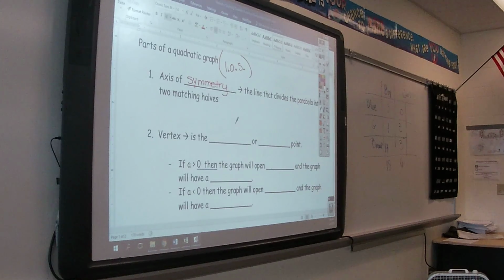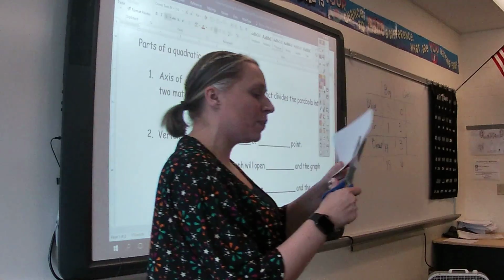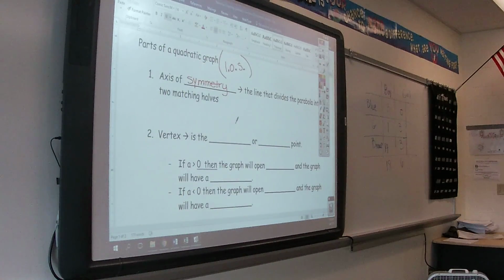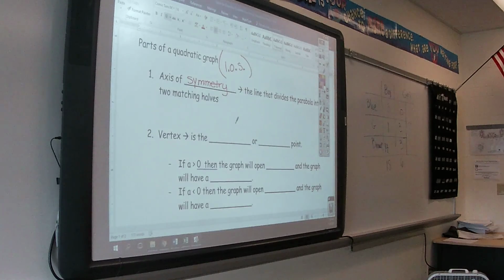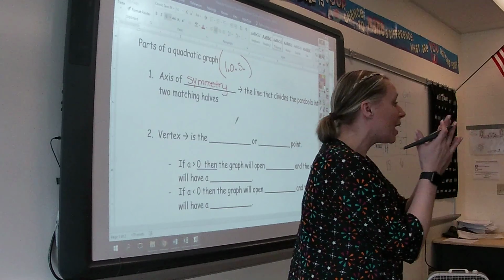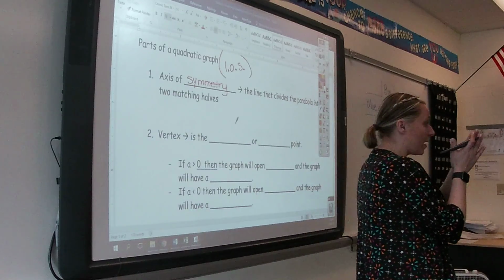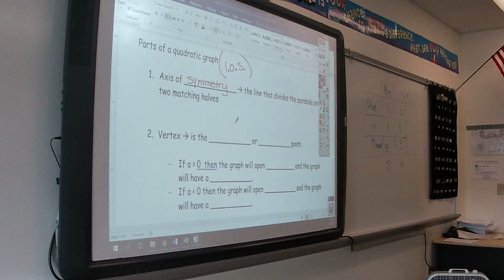One of the most common ones that my students use: we take a piece of paper, we fold it in half, we cut, and then we get a heart. We only had to cut one time with it being folded in half because that fold crease is the axis of symmetry. One side is an exact duplicate of the other. So that happens with parabolas. We can fold a parabola in half, and it's an exact duplicate on each side.